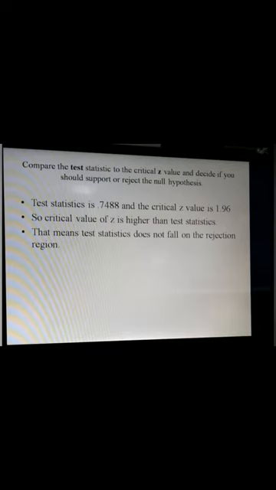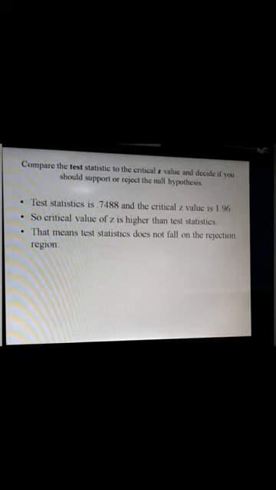For that reason, we can say that we are accepting the null hypothesis, as the IQ of the two groups of students are not statistically and significantly different from each other. That's how you conduct the z test, and these are the different steps to follow.